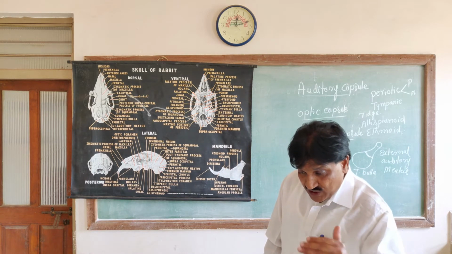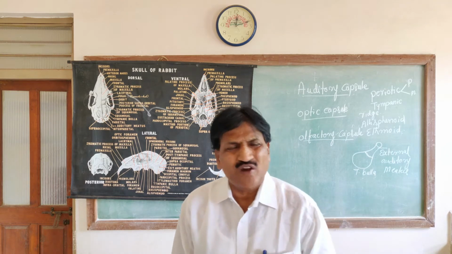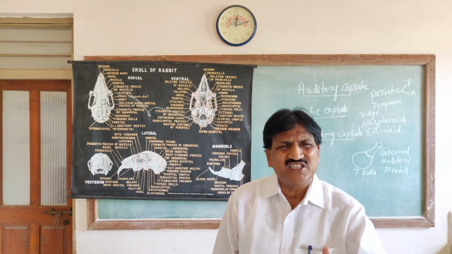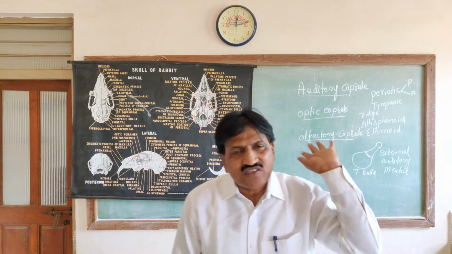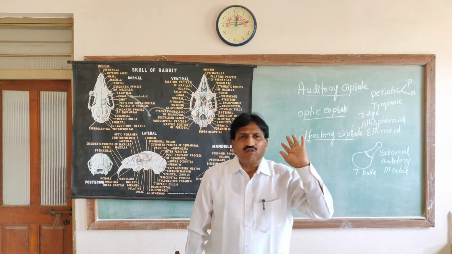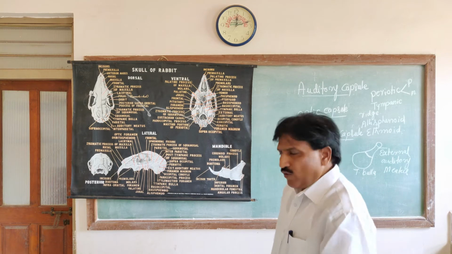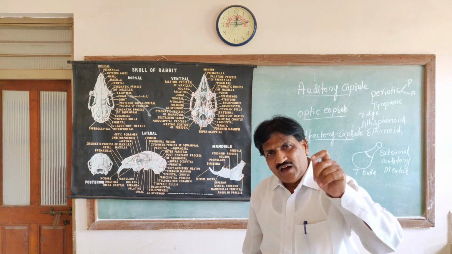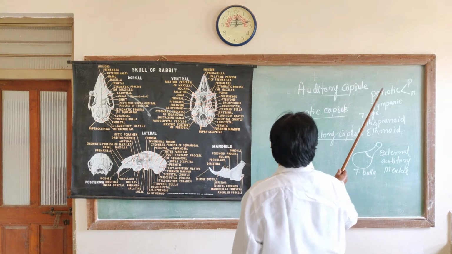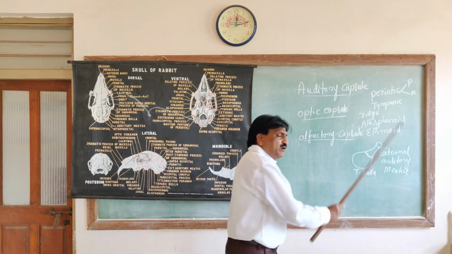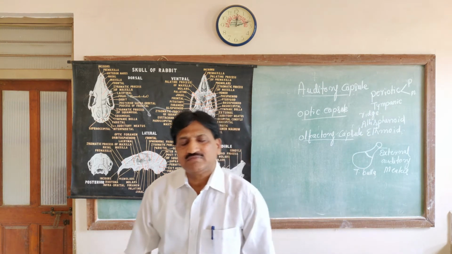The auditory capsule is concerned with the organ of hearing. That's all. What is the main function? Hearing. How many bones are there in the auditory capsule? Two bones: periotic bone and tympanic bone.